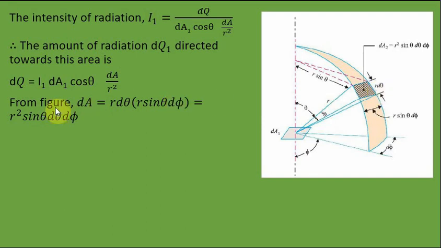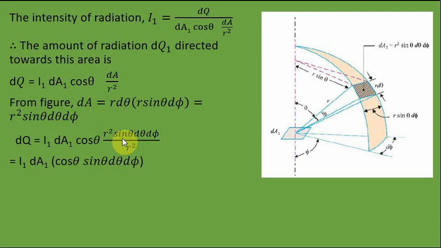So altogether dA is equal to r d theta into r sine theta d phi, which can be written as r square sine theta d phi d theta, or dq is equal to I1 dA1 cos theta times the solid angle. If you substitute the value of dA using this one, r square will get cancelled.